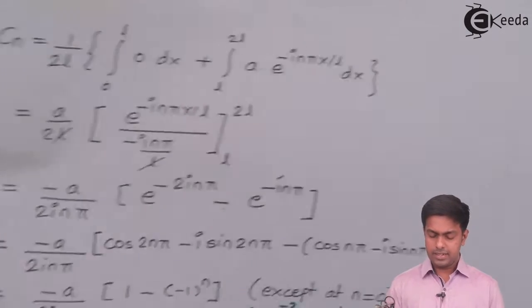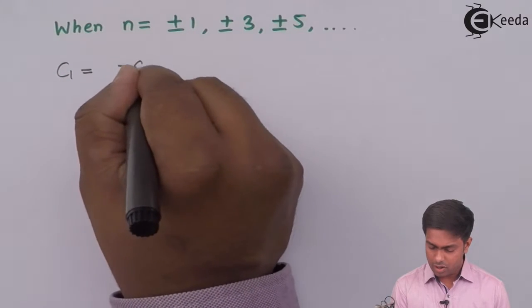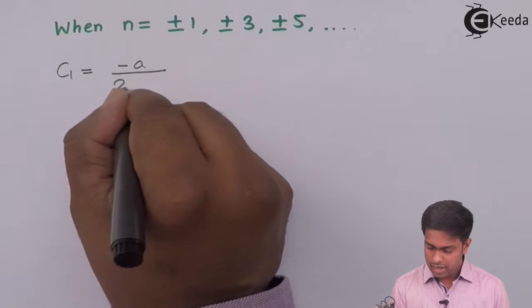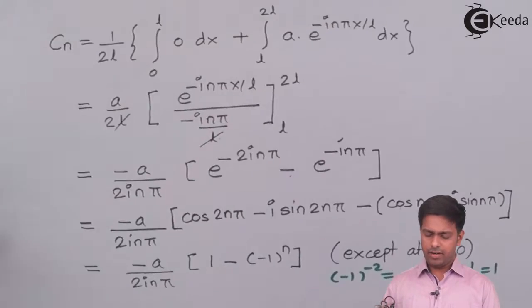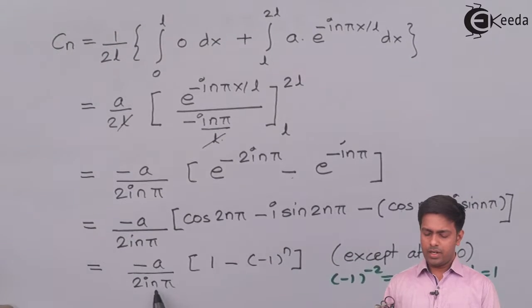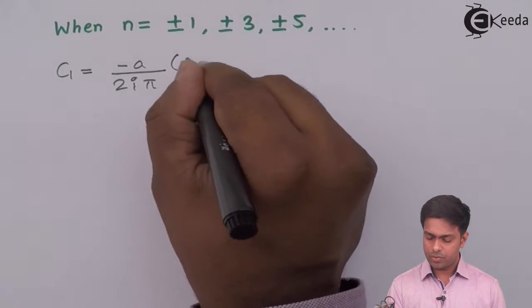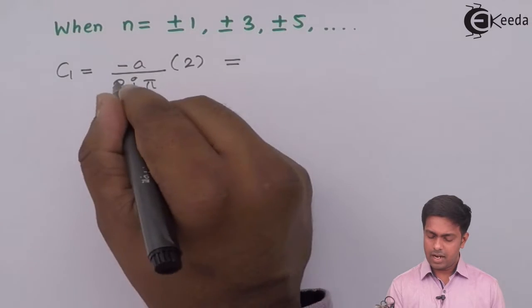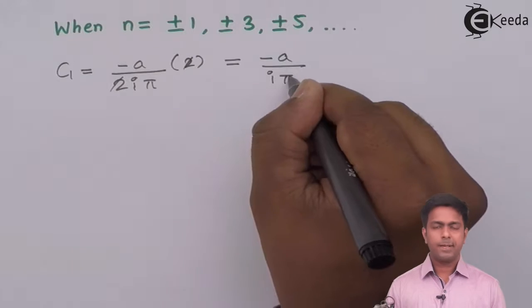So here I'll say C1 is equal to minus a upon 2i pi, since the value of n is 1. So here we have n and that is 1. Next here minus 1 raised to 1 is minus 1, so that will become plus 1. So 1 plus 1 is 2. So guys, here we will get straightforward 2. Now 2 and 2 we can cancel and we will get the value as minus a upon i pi.